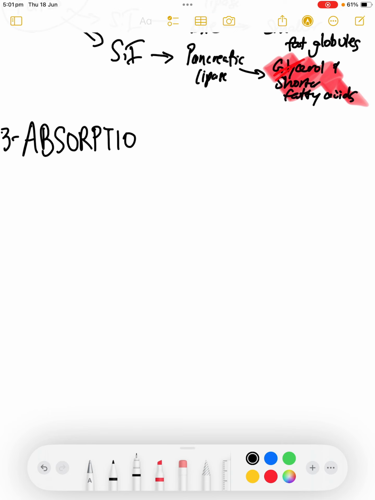Now, the small intestines, especially the wall of it, is folded into millions of villi, and those villi are then covered by microvilli, and they have a hugely increased surface area. And if you've got a huge surface area, you're going to increase the rate of absorption, and that increases the amount of areas for absorption too.